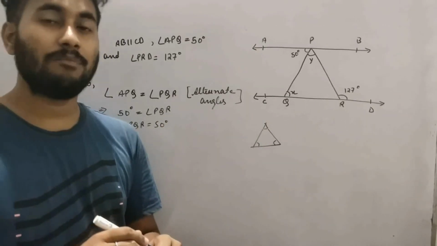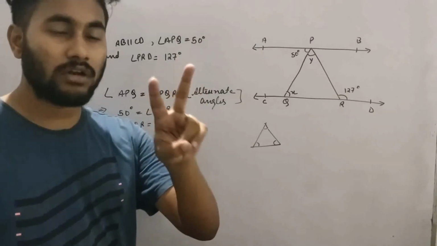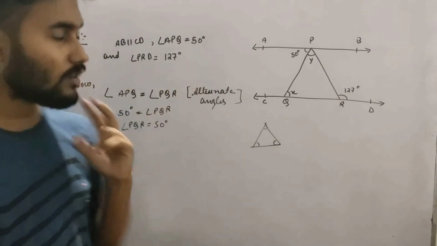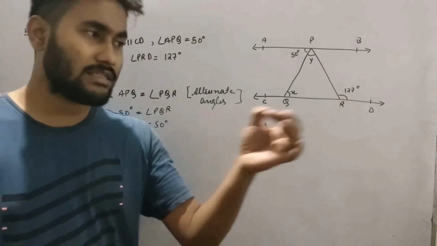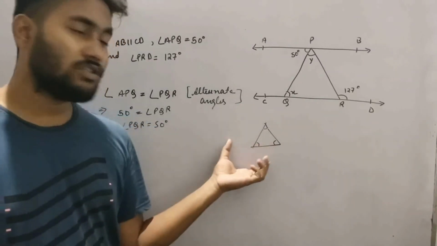Now don't say this is supplementary. Supplementary is only the sum of 2 angles. Over here it is the sum of 3 angles. Here the sum is 180 degree, but this is not supplementary.